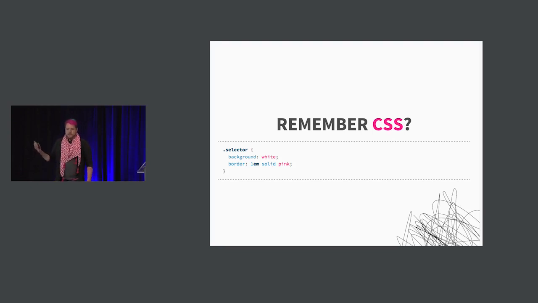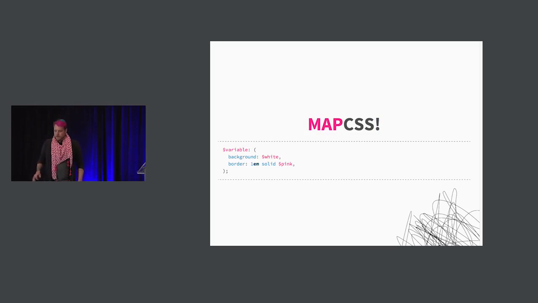You have a selector instead of the variable name, and you have property value instead of key and value, and then you're looking at brackets instead of parentheses, and commas here instead of semicolons at the end of a line. So a map can be exactly representative of CSS.